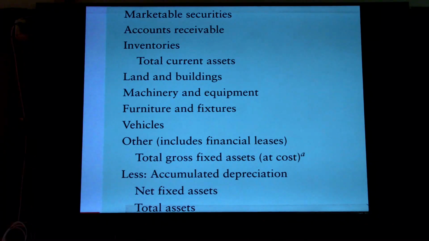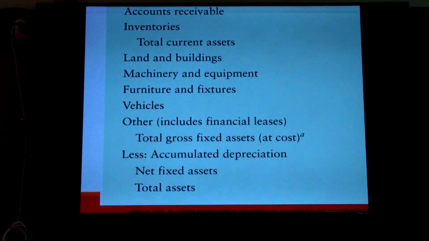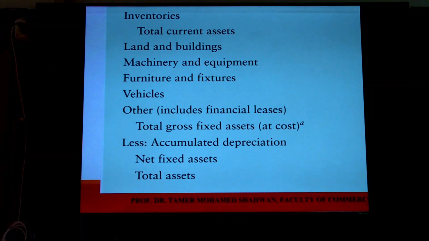The result or the outcome will be net fixed assets. Net fixed assets equal fixed assets minus the accumulated depreciation. The total of current assets and net fixed assets will reflect what we call total assets.